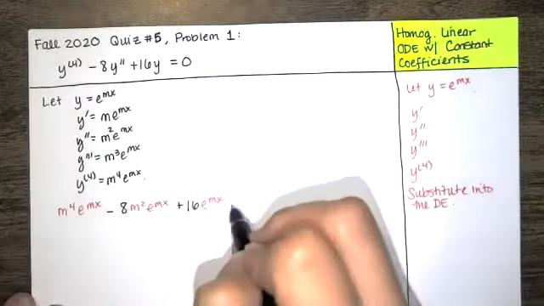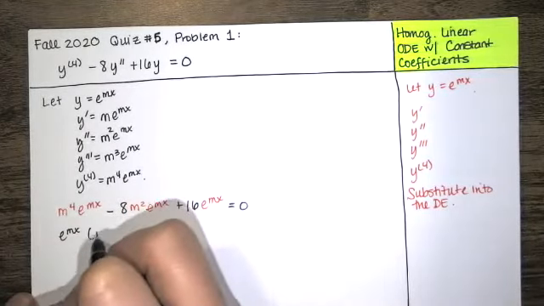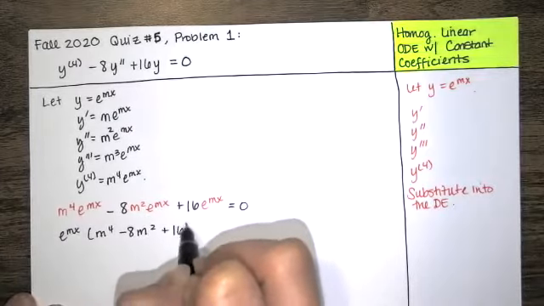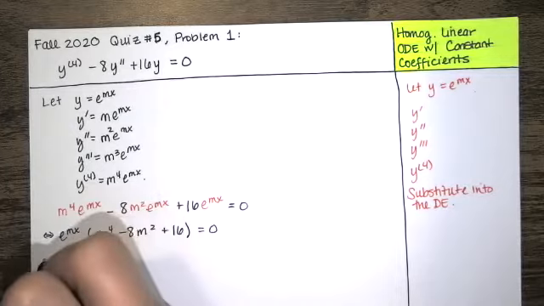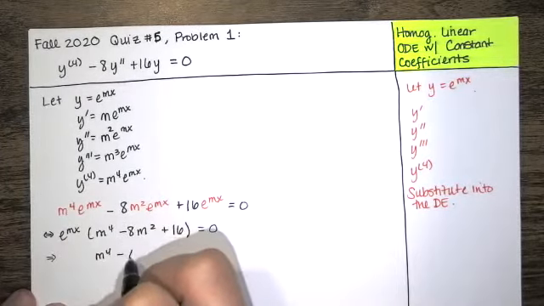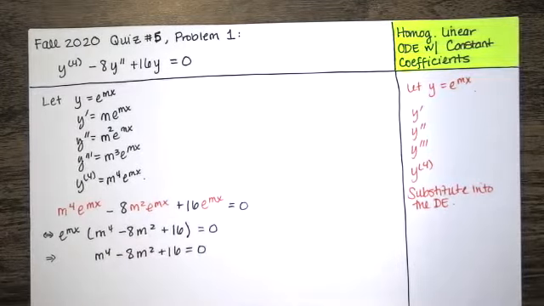We set that equal to 0, and then we factor out the e to the mx. And we say to ourselves, actually, e to the mx is never 0. So the only way that is true is if this polynomial in m is equal to 0. So we substituted into the differential equation and simplified.